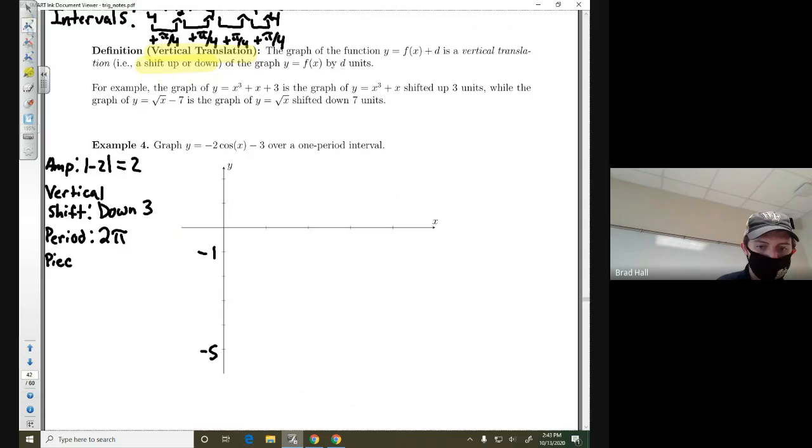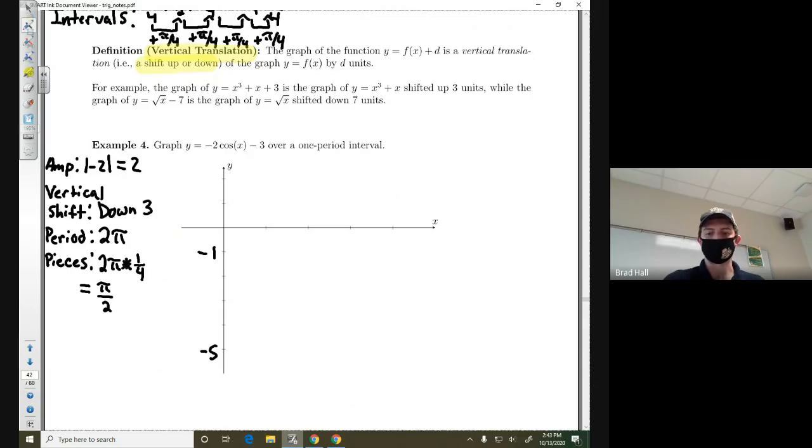Pieces: drop down the period and multiply that by 1/4 to get pi over 2. We're going to look at the horizontal shift. I'm just going to start calling them VS and HS from now on, just a little bit cleaner.